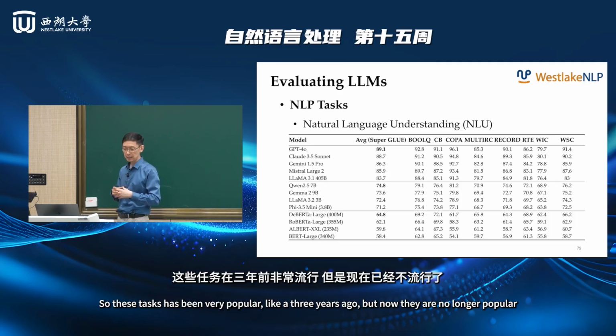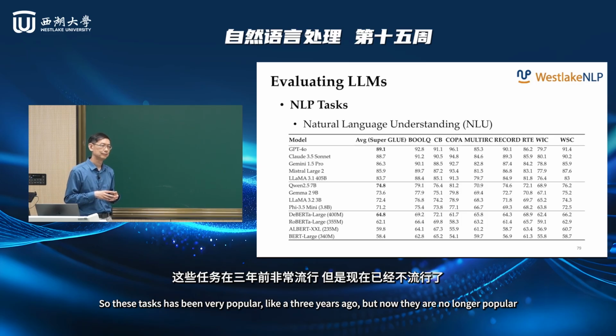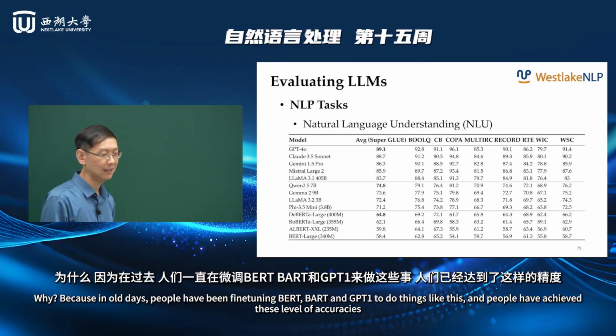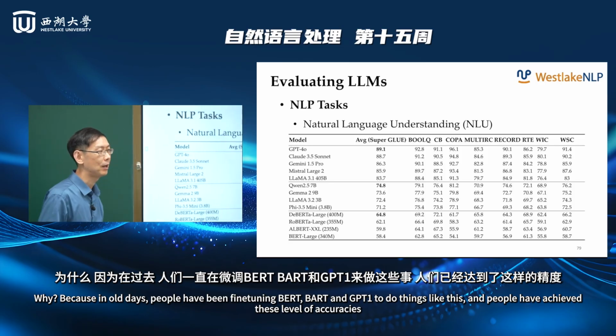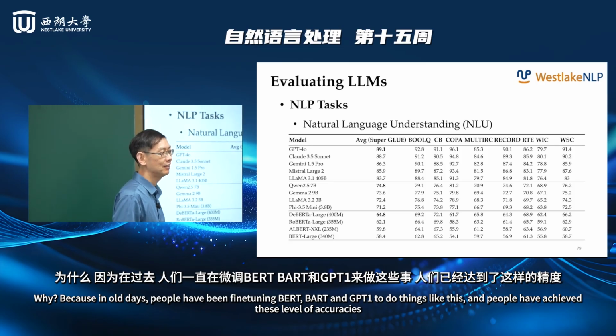So this task has been very popular 3 years ago. But now they are no longer popular. Why? Because, you know, in the old days, people have been fine-tuning BERT and BART and GPT-1 to do things like this. And people have achieved this level of accuracies.